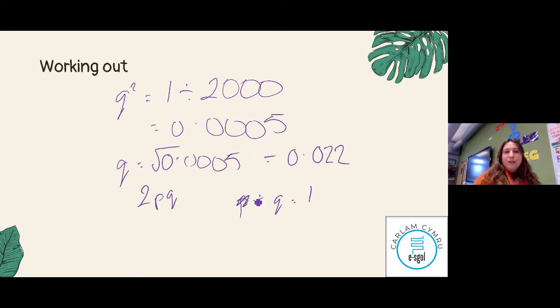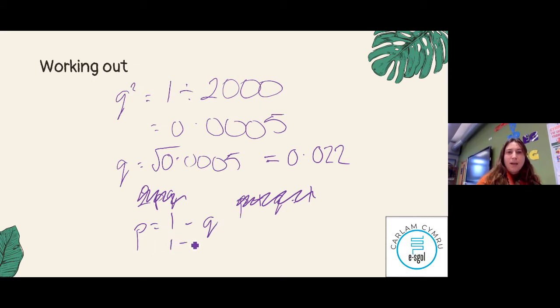I did it earlier. So we'll get rid of this for a moment. We've done 1 out of 2,000 have the heterozygous asymptomatic carrier genotype, and we square root the 0.0005 to get 0.022. p equals 1 minus q.